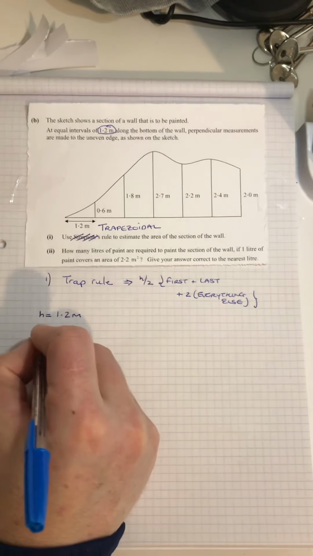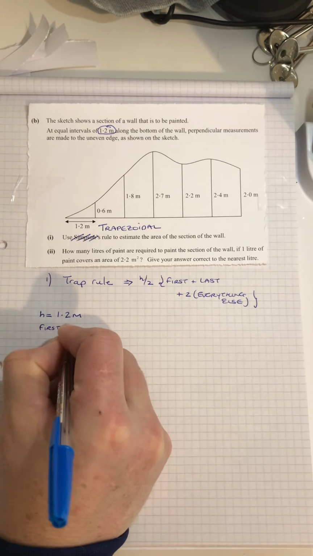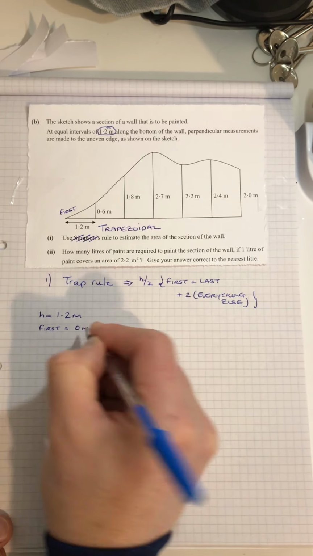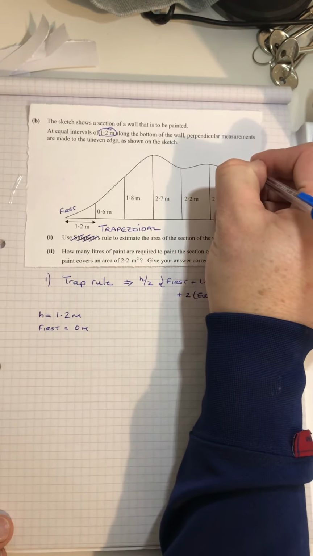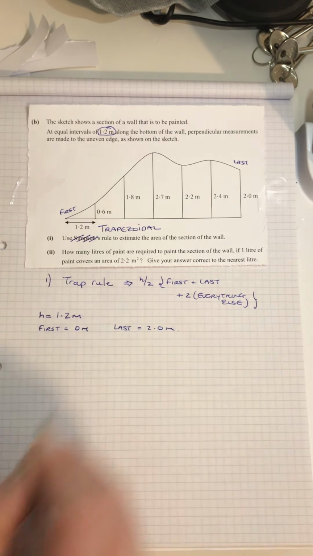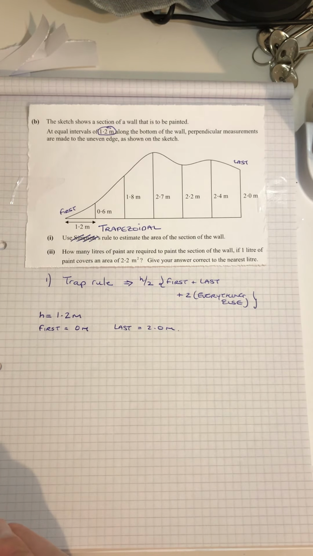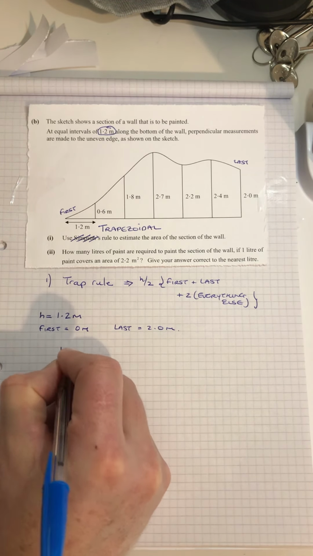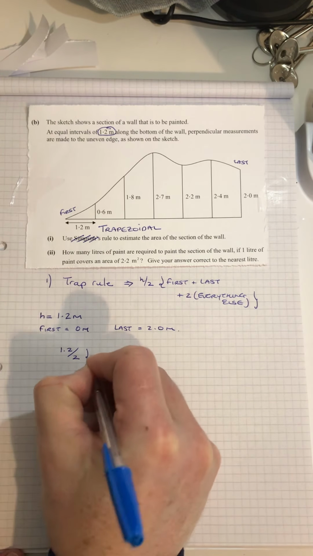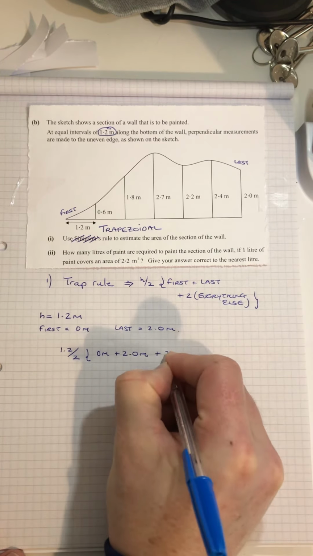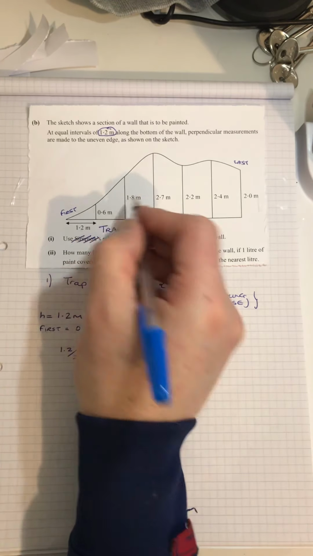The first is 0 meters and the last is equal to 2.0 meters. So in this case we have 1.2 over 2, 0 meters plus 2 meters, and it's 2 times all the ones in between.